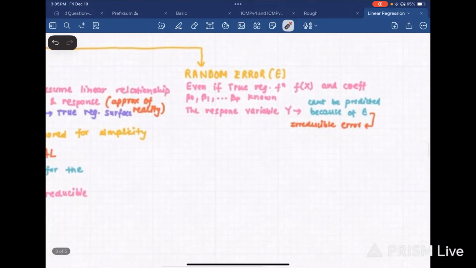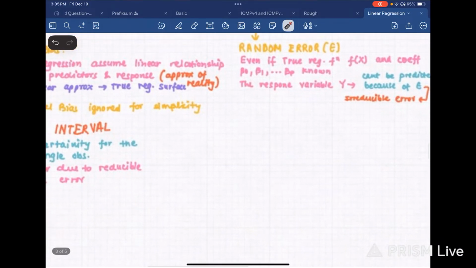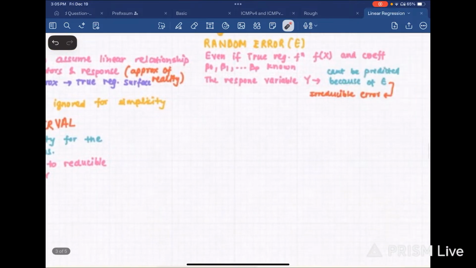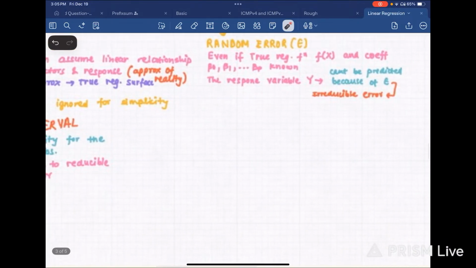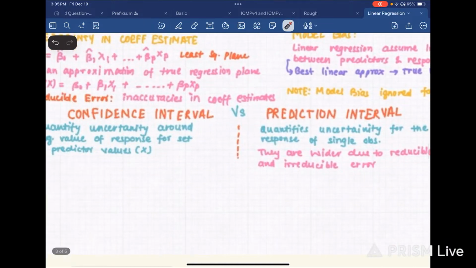That is why there is a random error of sigma.